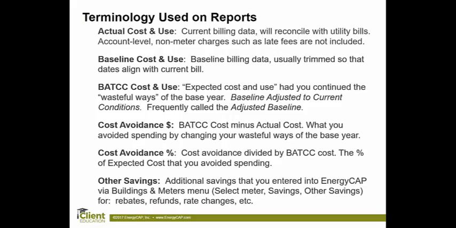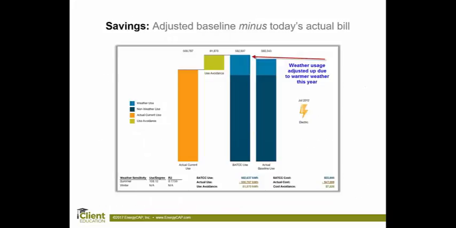And it's because of something that you did with energy management. So you want to include that on your reports, but it was not reflected on a utility bill. It just is outside of the normal M&V process in EnergyCAP. So you can go into EnergyCAP and say, I got a rebate for $5,000. It was a one-time thing, and include that on my reports so that when I present those to the public or to senior management, I get, quote, credit for that.